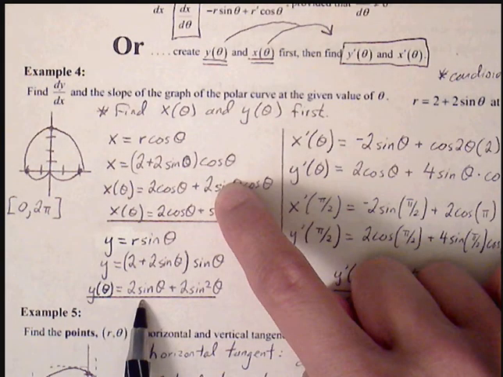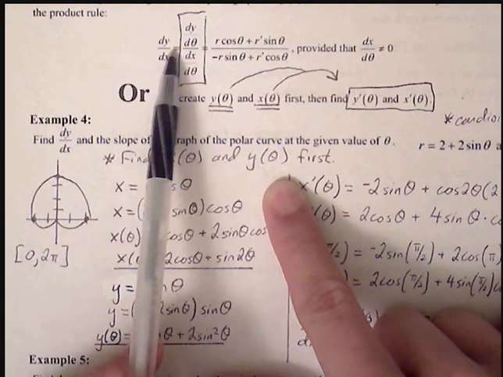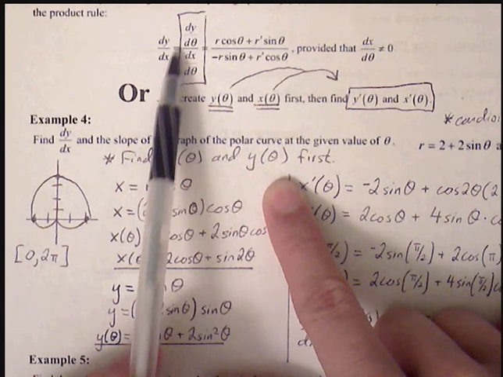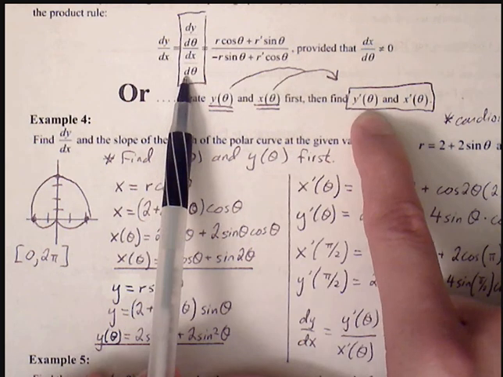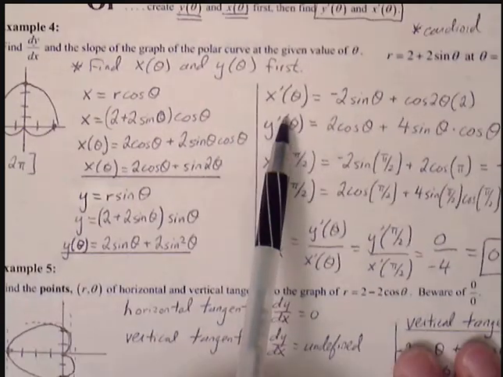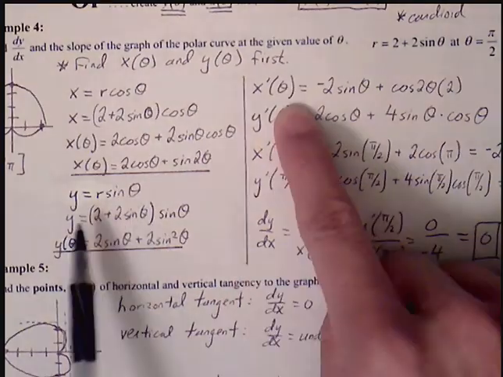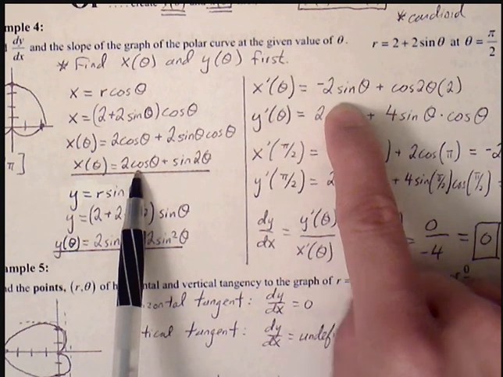So now let's find x prime of theta and y prime of theta. That'll get us to dy over d theta and dx over d theta. They mean the same thing. Dy over d theta, same thing as y prime of theta. Dx over d theta, same thing as x prime of theta. So let's first find the derivative x prime of theta. We're starting with x of theta. 2 cosine of theta becomes negative 2 sine of theta.